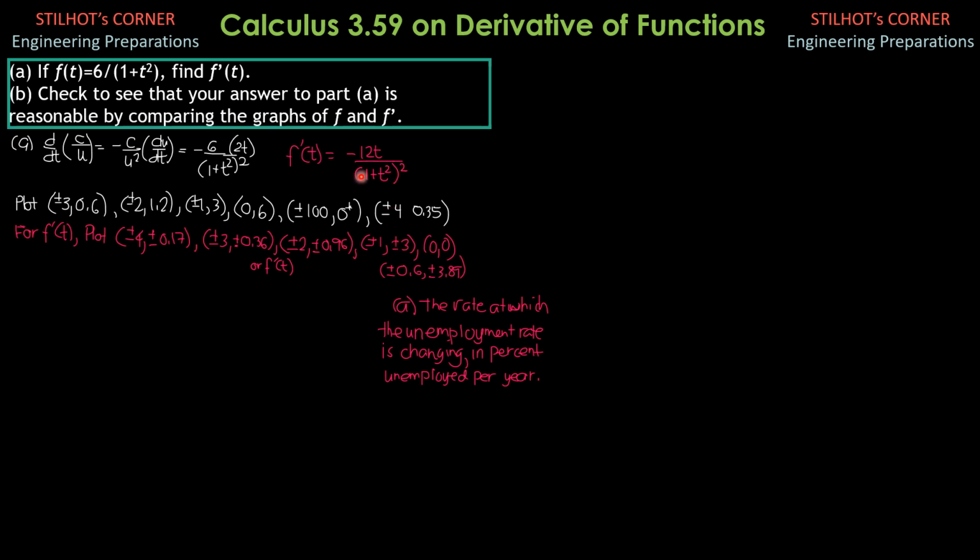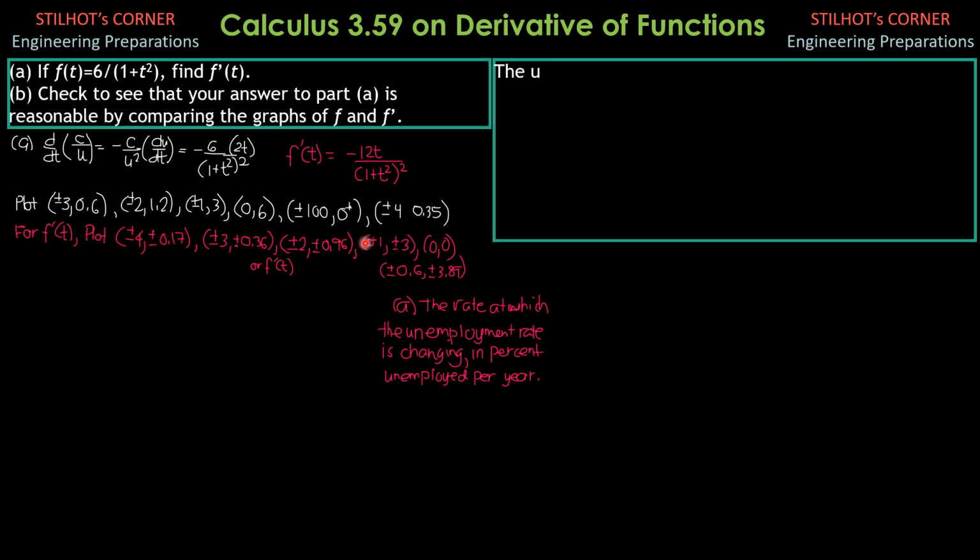When t is 0, numerator is 0, denominator is 1. So 0. When t is plus minus 0.6, then it is, use your calculator, plus minus 0.39. So we are now ready to plot all these points, then connect them with a smooth curve, as well as for f prime of t.